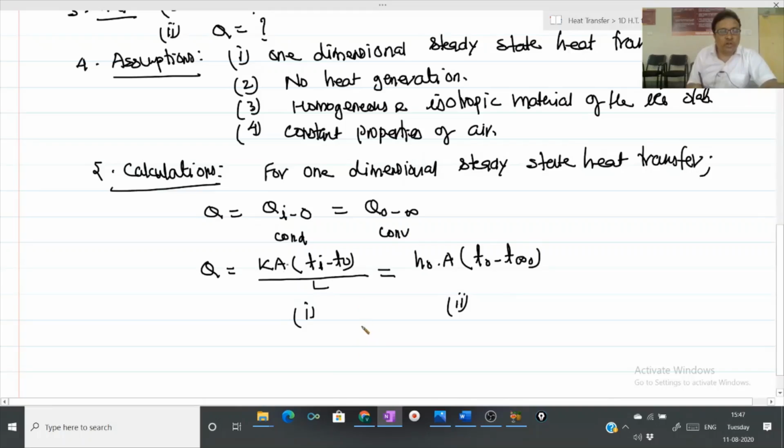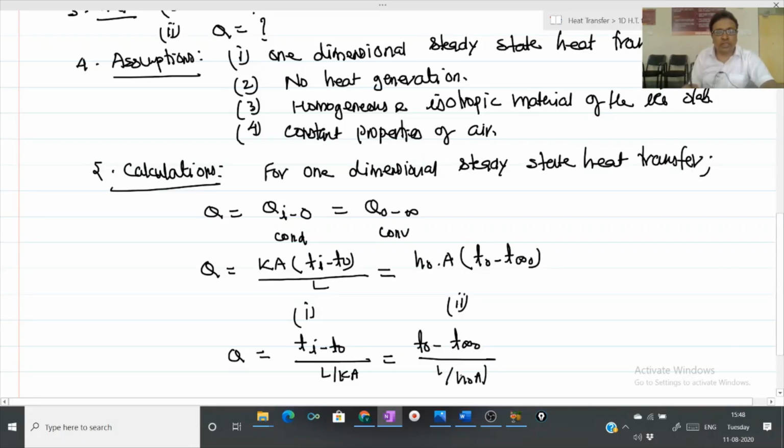So we can also write this equation in terms of their individual thermal resistances: (Ti minus To) over (L over kA) is equal to (To minus T infinity) over (1 over ho A).